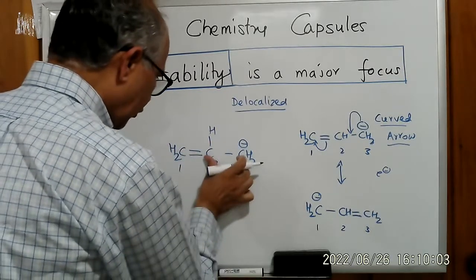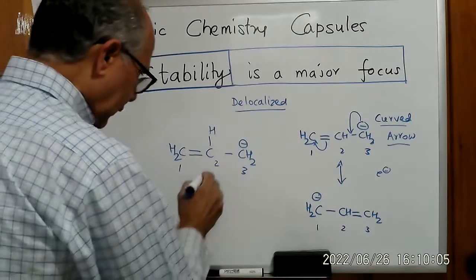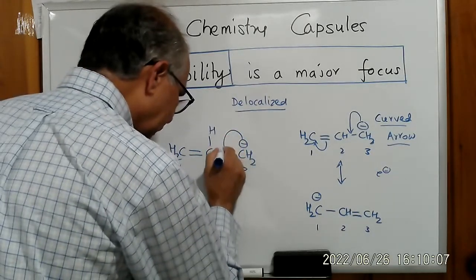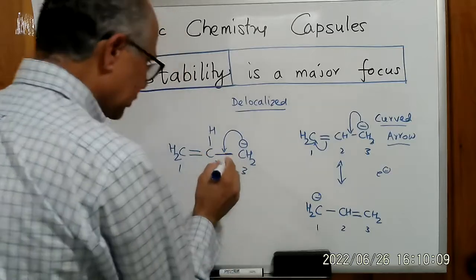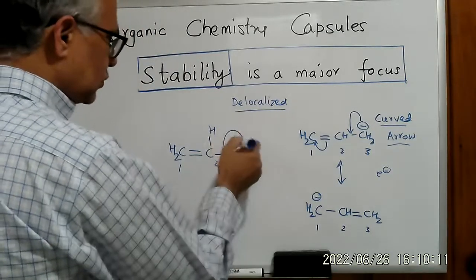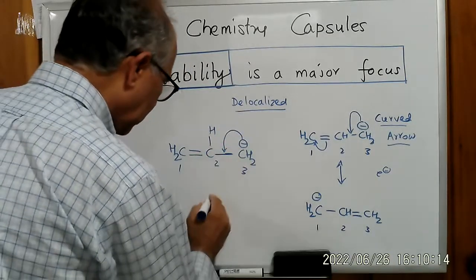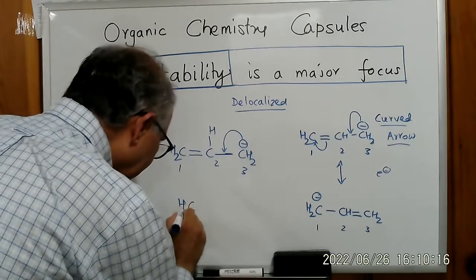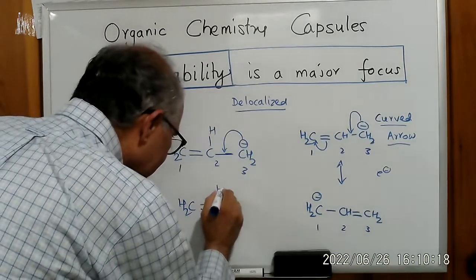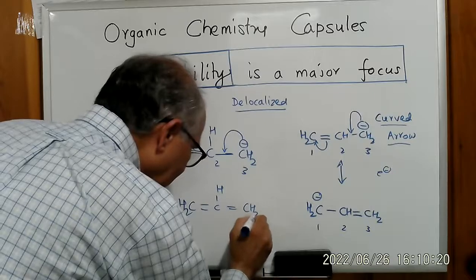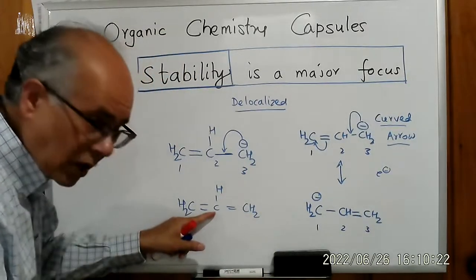already has 4 bonds. Okay, so if you bring these electrons in when you are drawing the resonance structure, carbon 3 is bringing in those 2 electrons to form a double bond. So if we stop it there, look at this carbon.